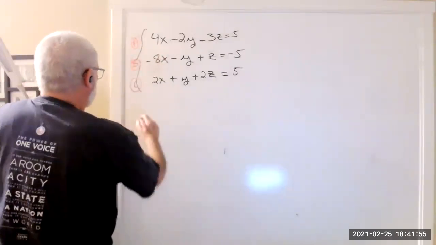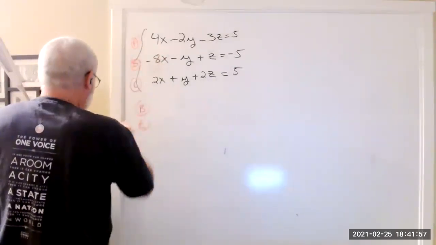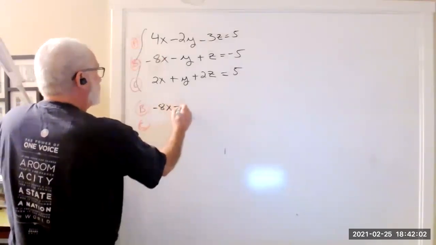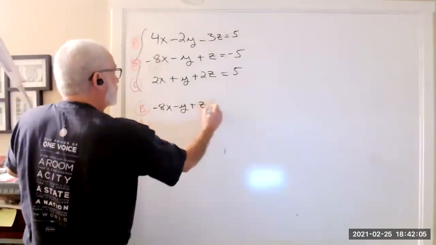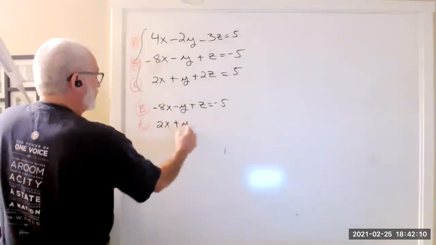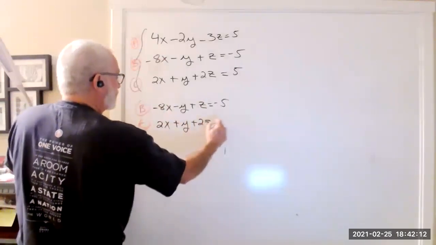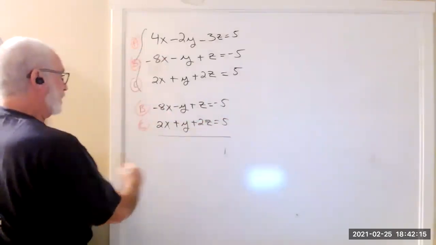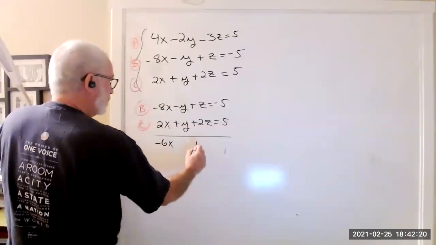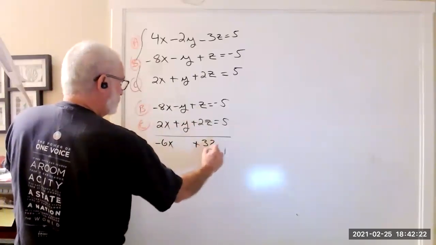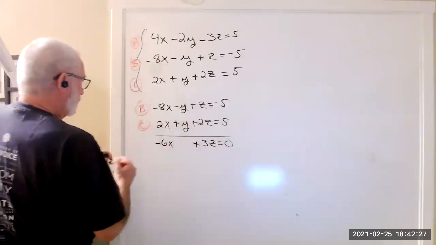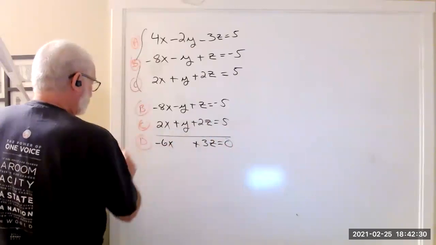So I'll pick B and C. B is negative 8x minus y plus z equals negative 5. C was 2x plus y plus 2z equals 5. Add these together, I get negative 6x, the y's drop out, plus 3z equals 0. And we label that as equation D.